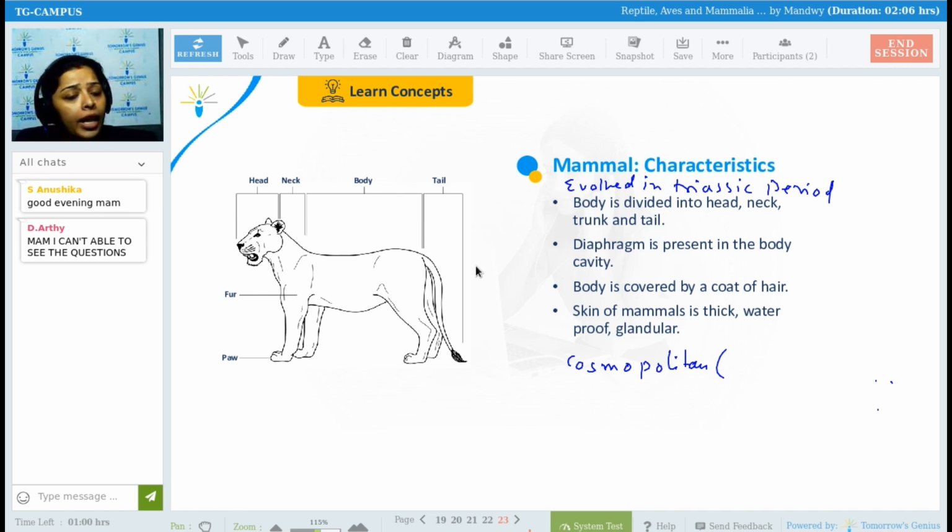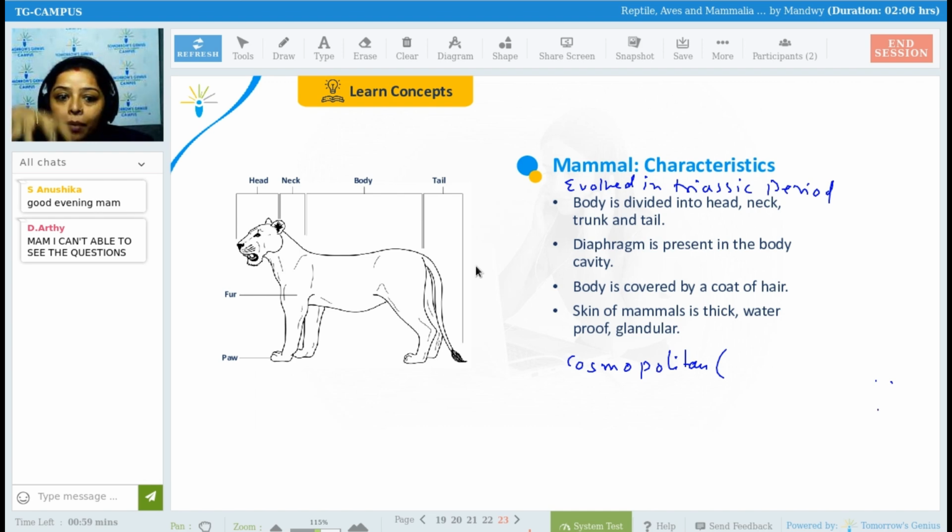You can see mammals of any kind throughout the world. There is not a single place where you will not be able to see a mammal. That's why we use the term cosmopolitan. Cosmopolitan also means mixture. In the metro cities, because of job opportunities, a variety of people from different backgrounds, cultures and languages come to the same city.